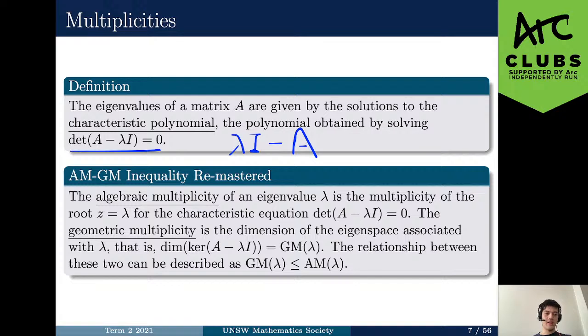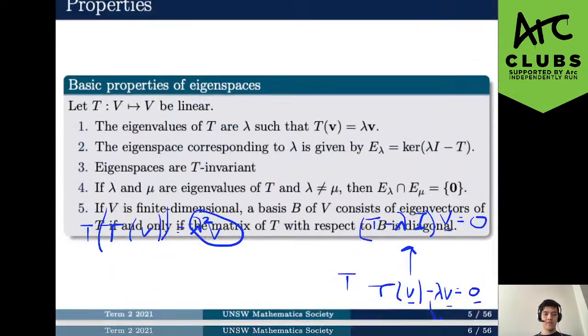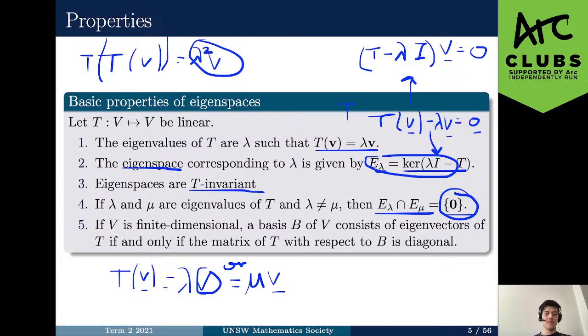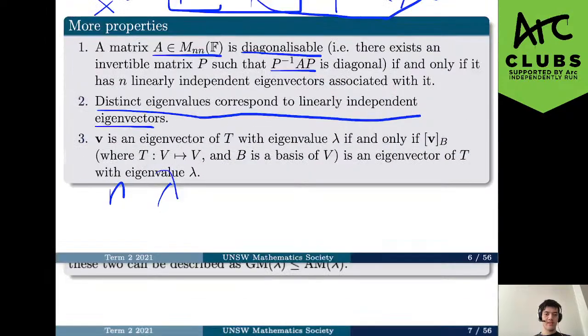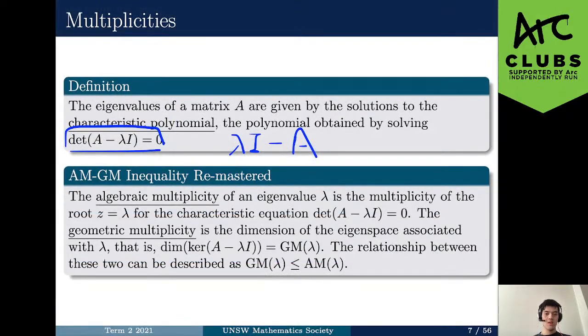But the one on the slide is easier to calculate. What's the logic behind this? From before, the eigenspace is the kernel of lambda I minus T, which comes from the definition. So by solving this equation, I can find all the values for lambda that are eigenvalues.